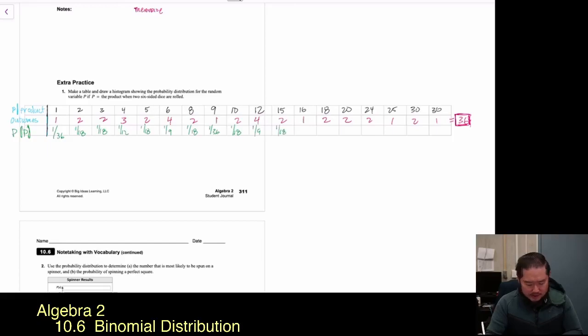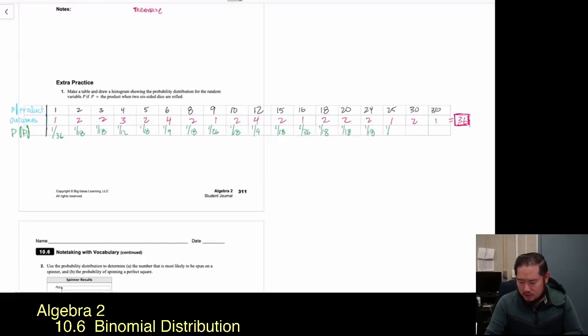We've got 1/18, 1 over 36, 1/18, 1/18, 1/18, 1 over 36, 1/18, and 1 over 36.